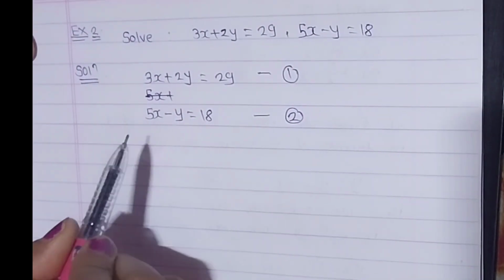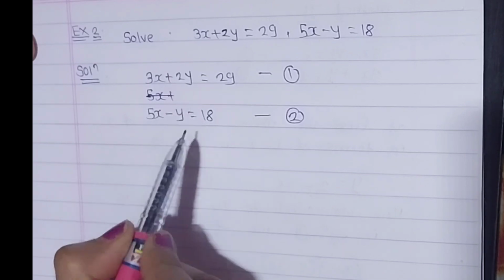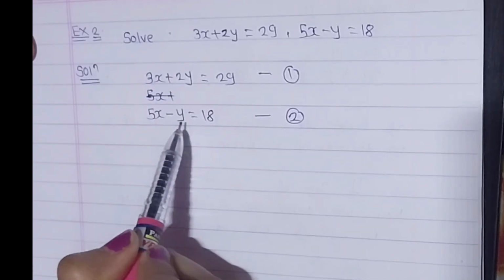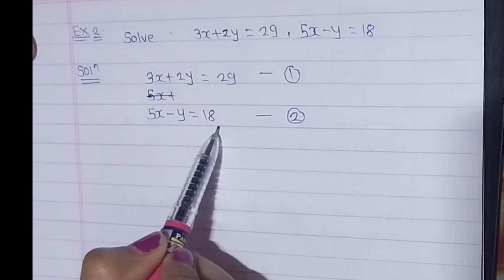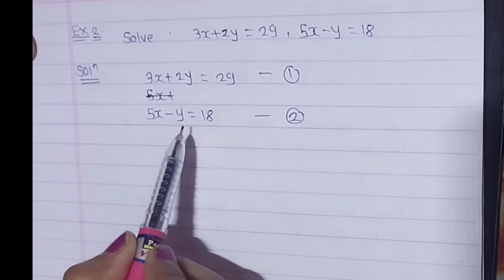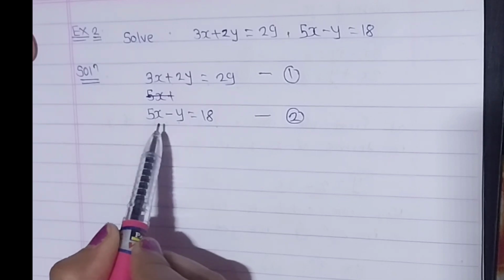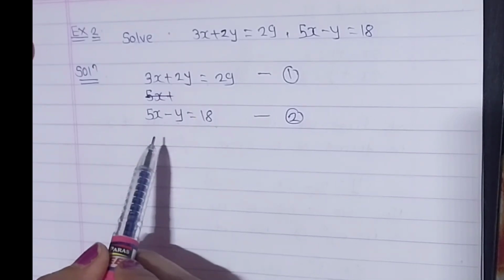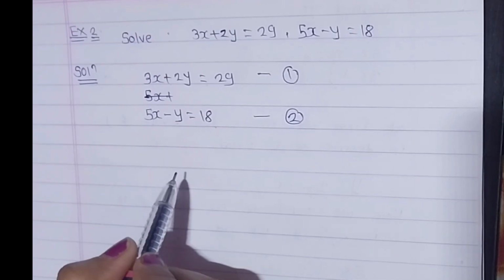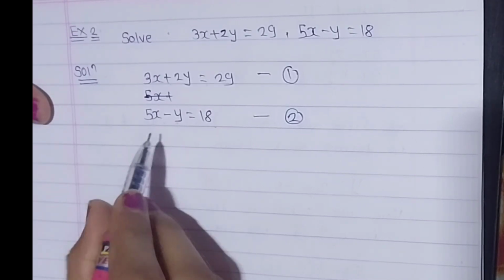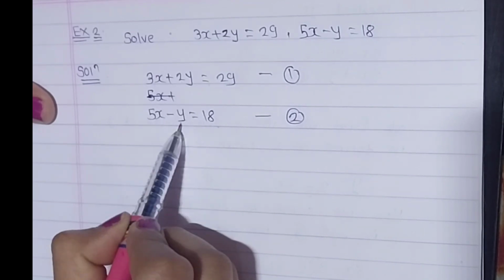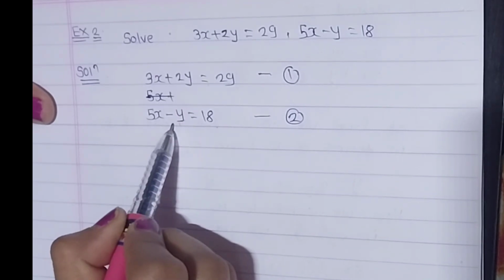Now here plus 2y is given in equation 1 and minus y is given in equation number 2. So we multiply equation number 2 by 2, which will give minus 2y, and by the elimination method we cancel plus 2y and minus 2y by adding these two equations.